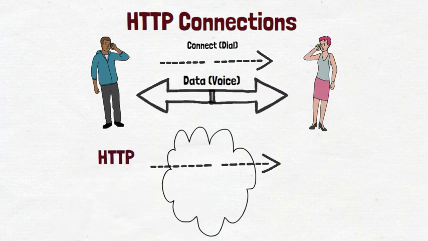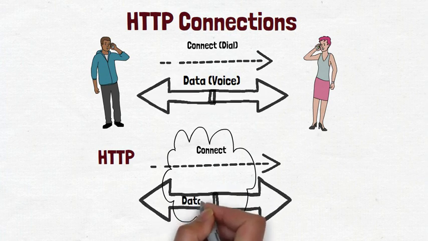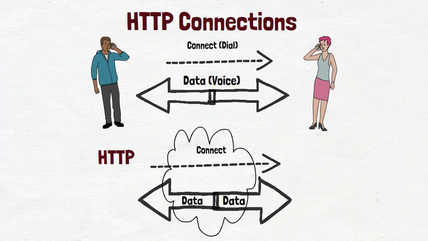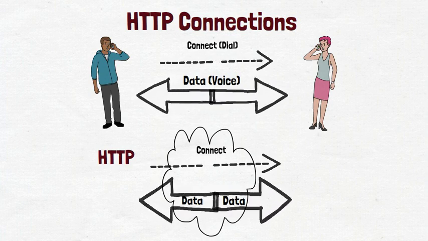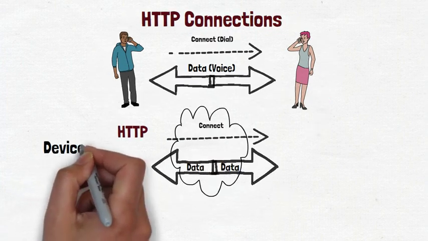Likewise, in the cloud, a HTTP connection is always initiated by one computer, but once connected, the data can travel in both directions. This simple concept is fundamental to how the cloud works and is vital to the security of the cloud. Let's see how that works.